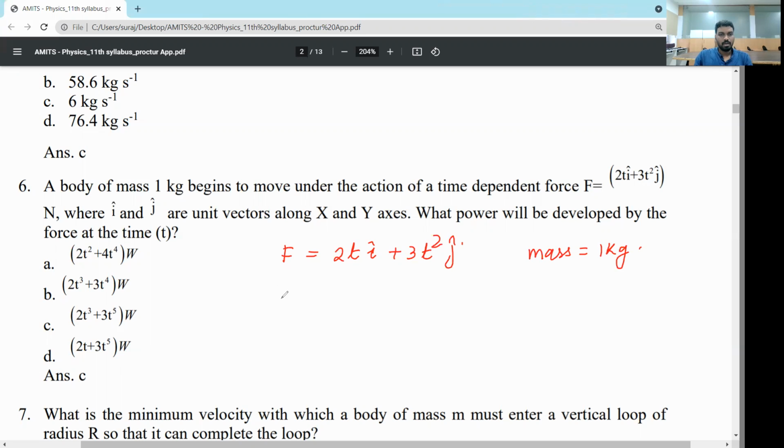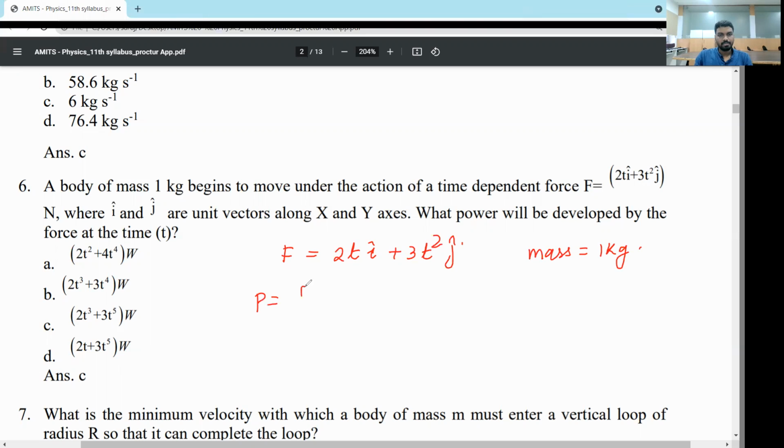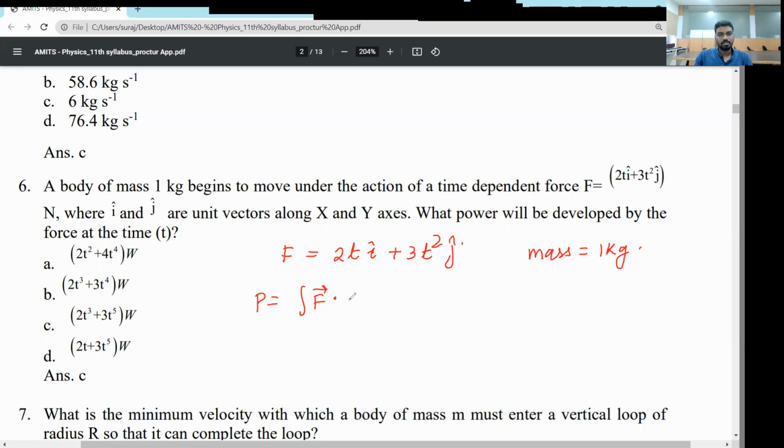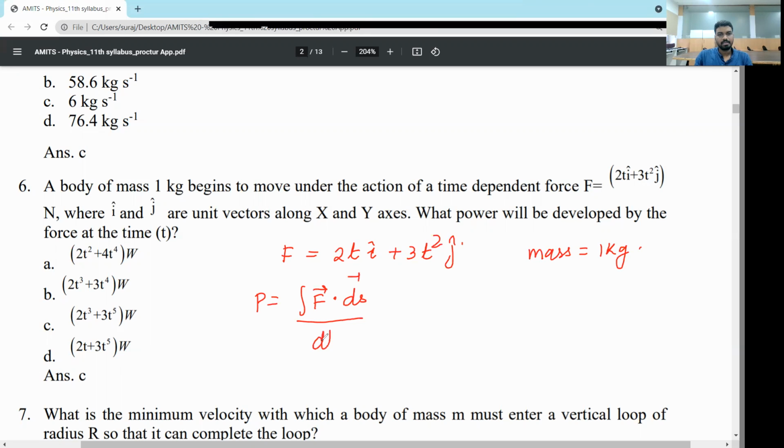Okay, so how to find power? Power is what? Work done by time, so integration of F dot ds vector by dt. This is work done by time.